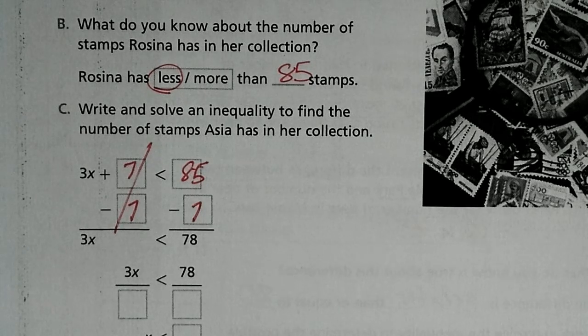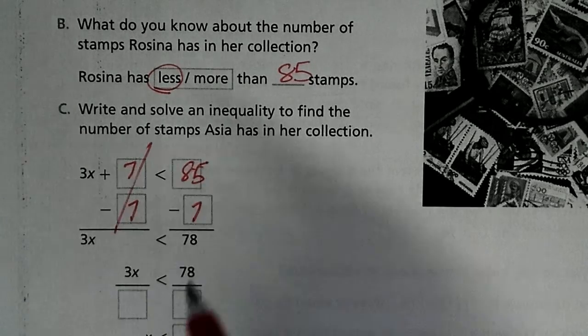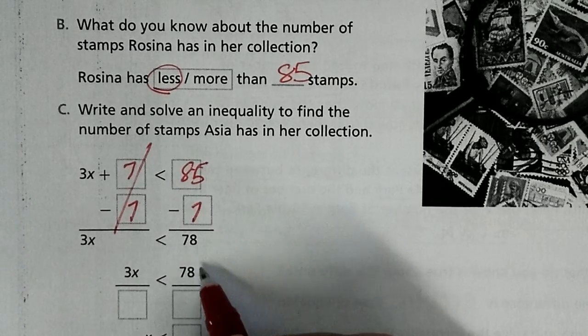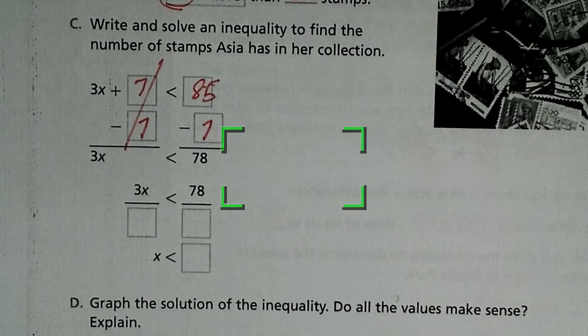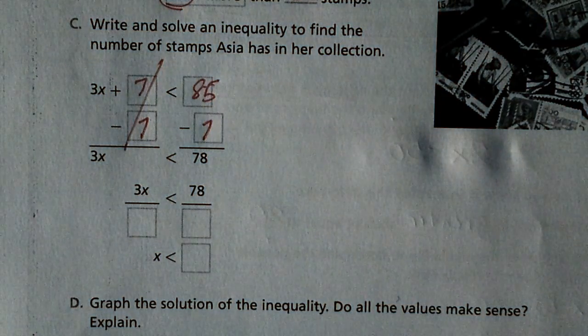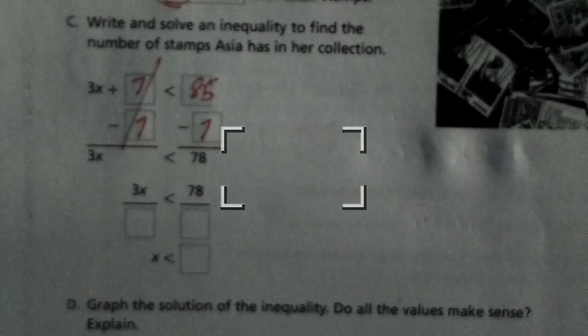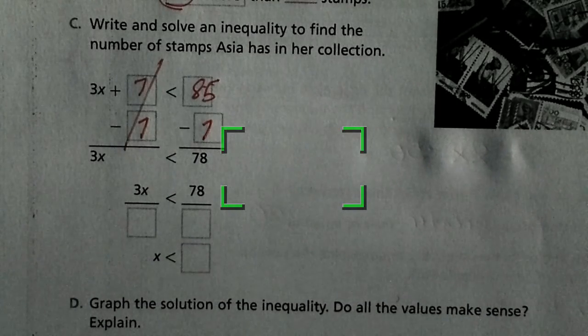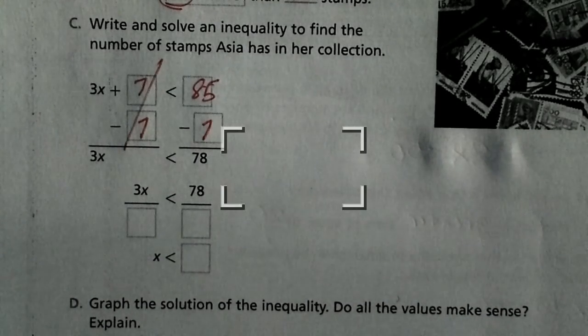So what's 85 minus 7? 78. Yep, it told us, right? All right, so now what do I do? Divide by 3. You get the x by itself. I think 78 divided by 3 is 26.